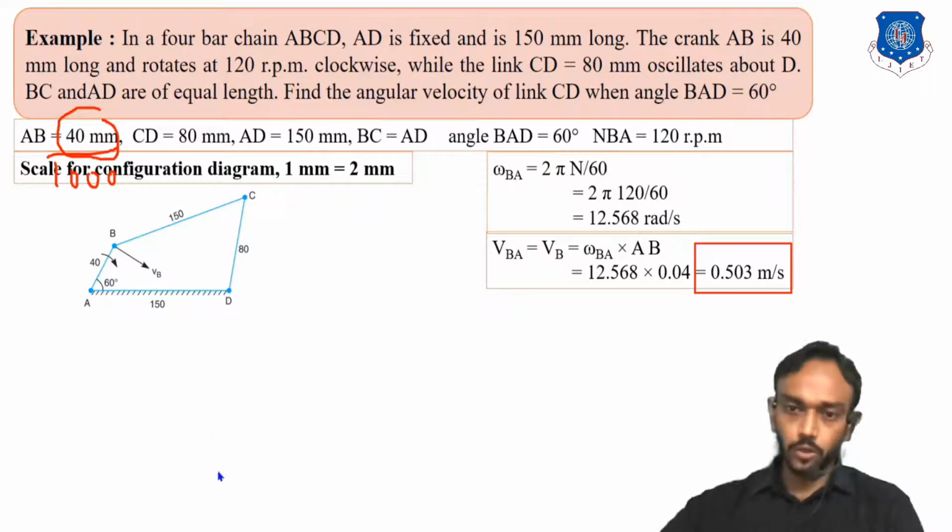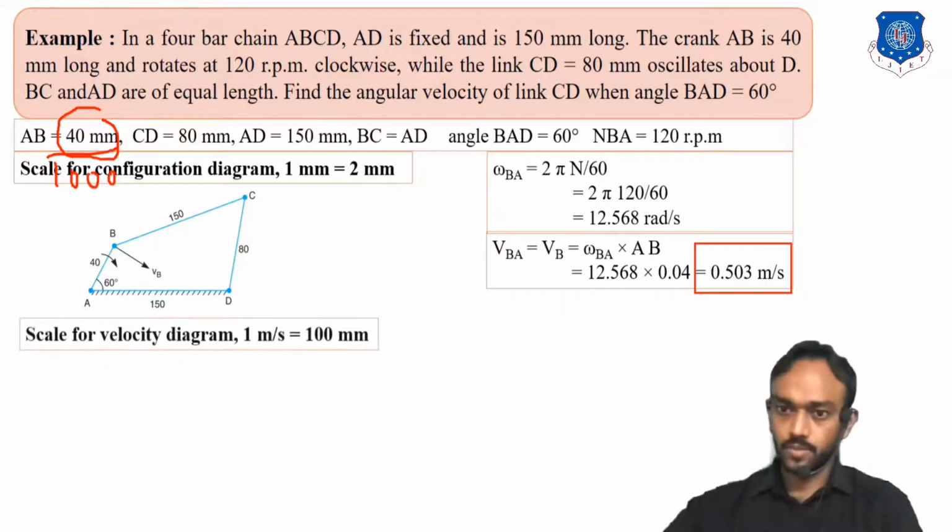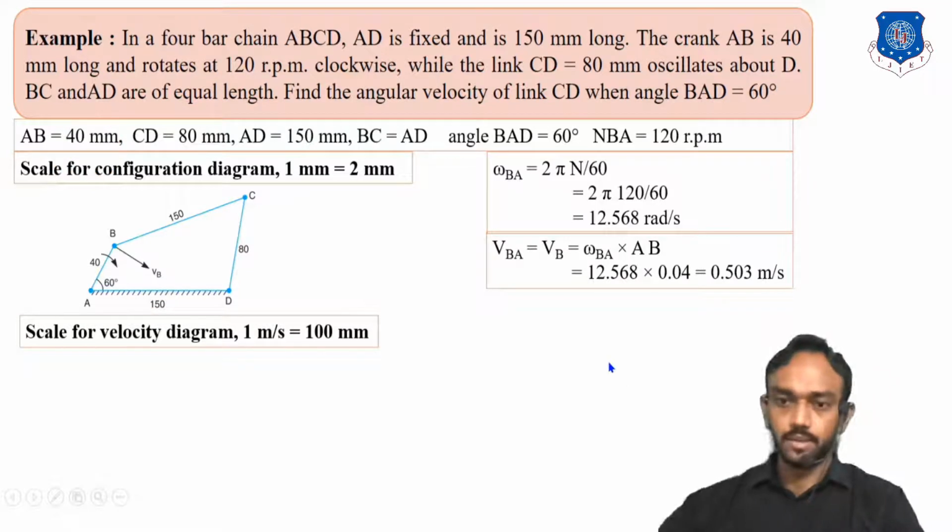Now we are going to draw this in a diagram, but 0.5 is a very small quantity, so you can't draw 0.5. So we have to scale, meaning enlarge the scale. What scale can I take? Check this, 0.5 meter per second. So I can take 1 meter per second equal to 100 mm.